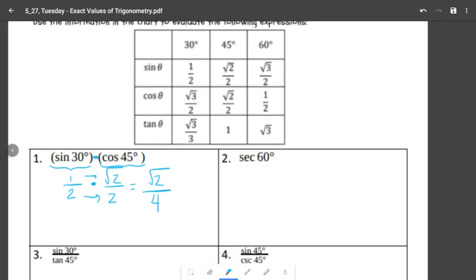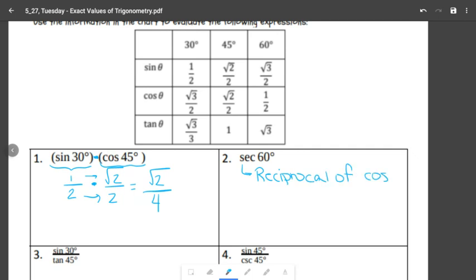Number 2 is asking us to find secant of 60. So if you remember from Thursday last week, secant is the reciprocal of cosine. So since we want secant of 60, we want the reciprocal of cosine 60.